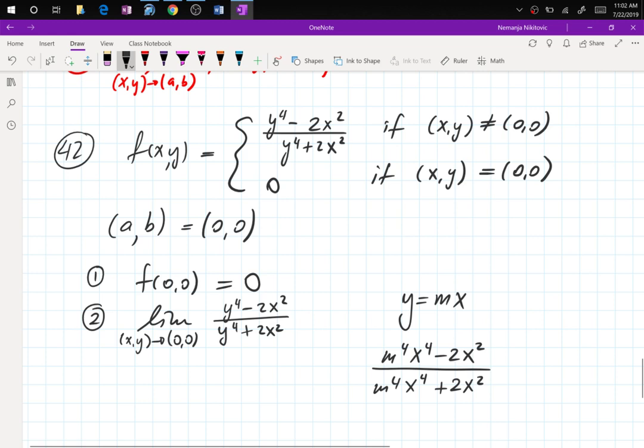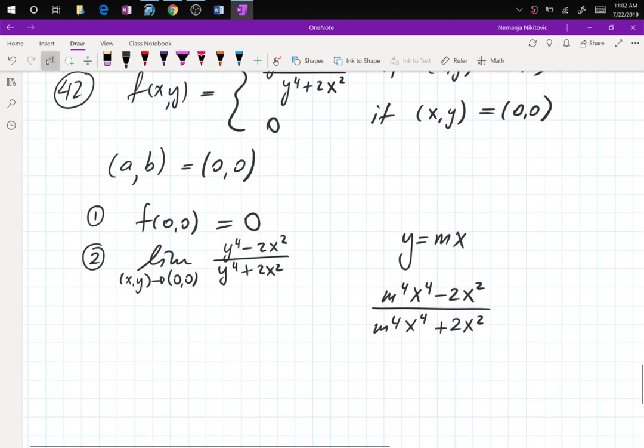So when we cancel out x squared, dividing by x squared, we get m to the fourth x squared minus 2 divided by m to the fourth x squared plus 2.